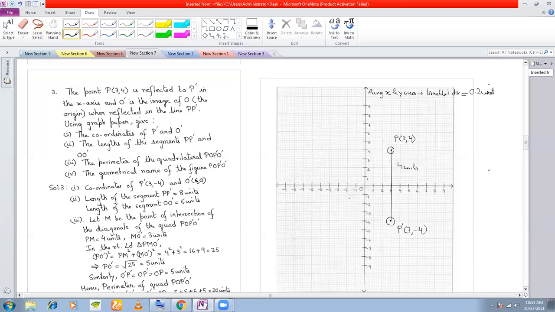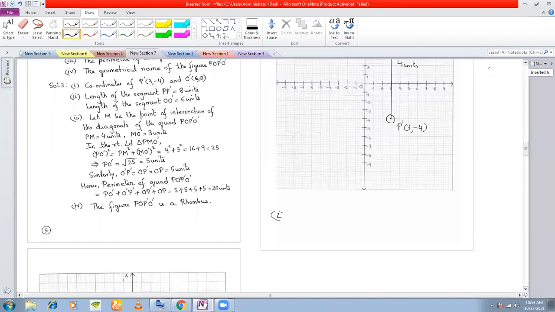Now you see the questions are there. Using graph paper, give the coordinates of P dash and O dash. The first question: P (3, 4) is being reflected in the x-axis, you're getting the coordinate P dashed (3, -4), only the y coordinate changes, right?